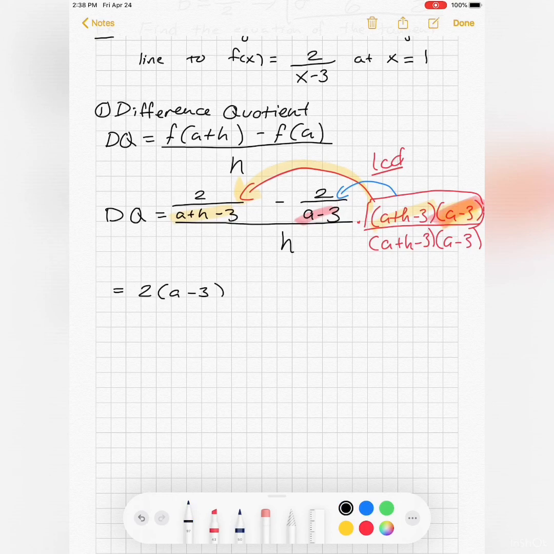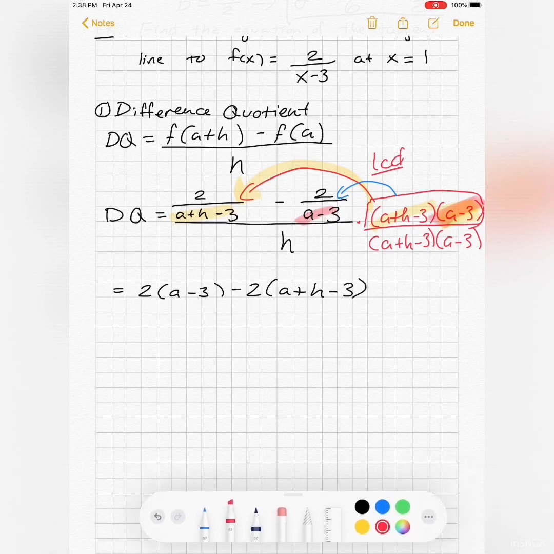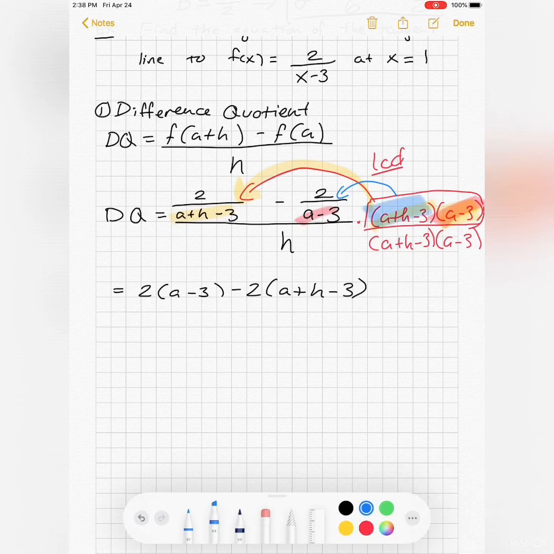So I'll be left with the 2 and the a plus h minus 3 from here. And then my denominator, I just multiply straight across. So it's h times a plus h minus 3 times a minus 3.